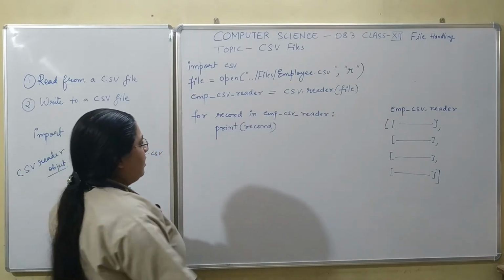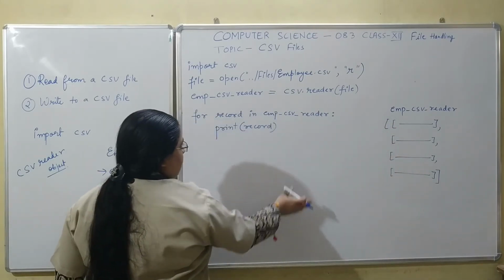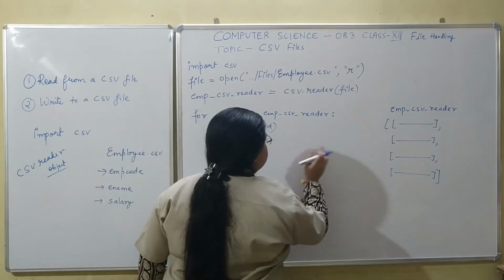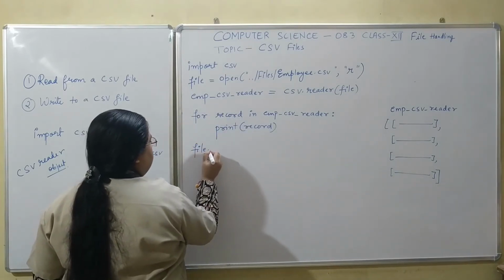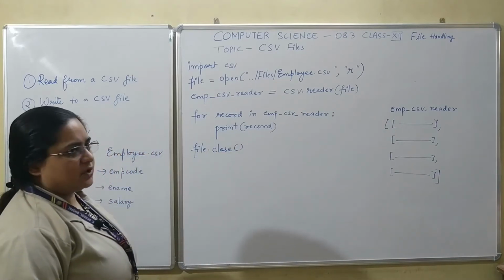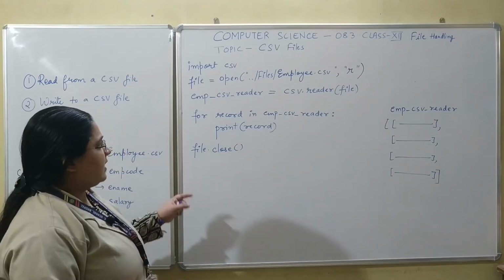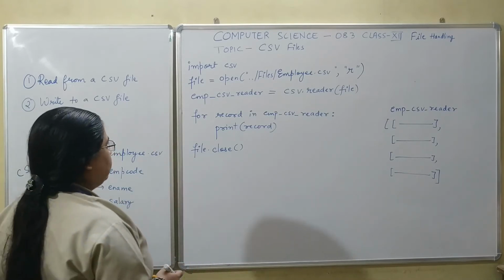So this way all my individual records will be read from the CSV reader and displayed on the screen. At the end I can write file.close. So this is a simple program where we are only reading the records from a CSV file.